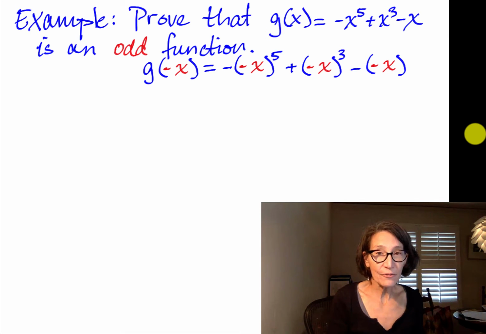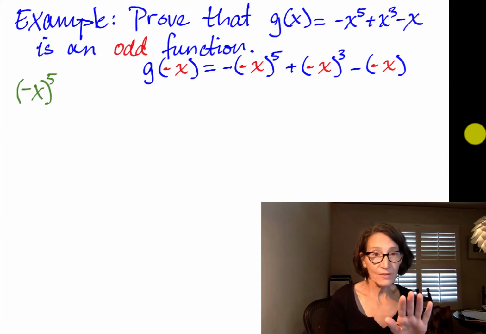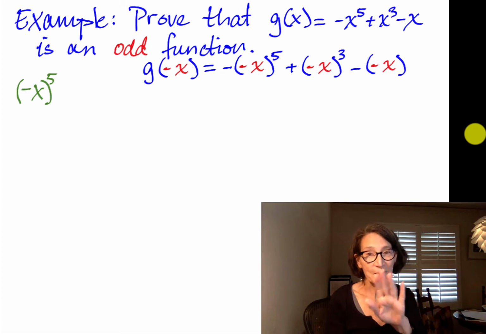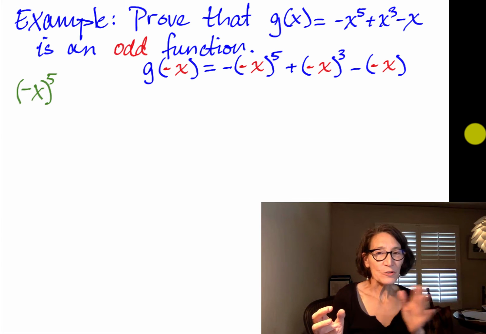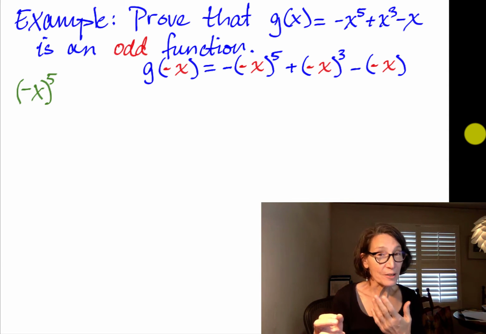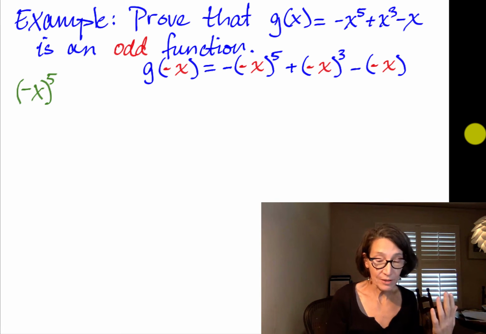Note that the first term is negative, and then negative x raised to the fifth. Remember that when you take a negative number and raise it to an odd power, you're taking negative x times negative x times negative x times negative x times negative x. There's 5 of them. And when you multiply a negative number times itself an odd number of times, you end up with a negative number, not a positive number.